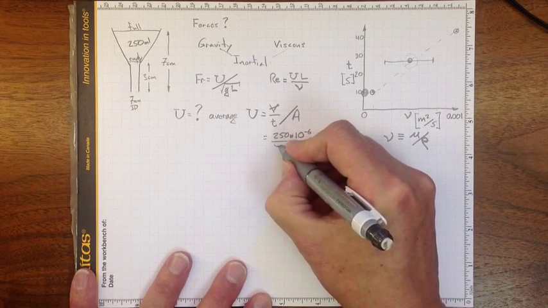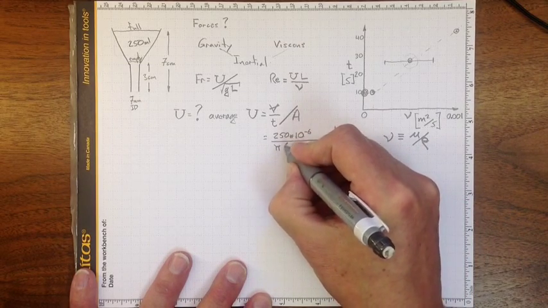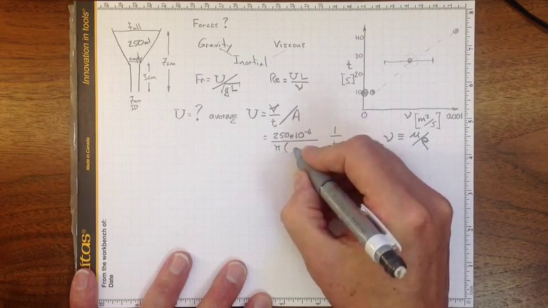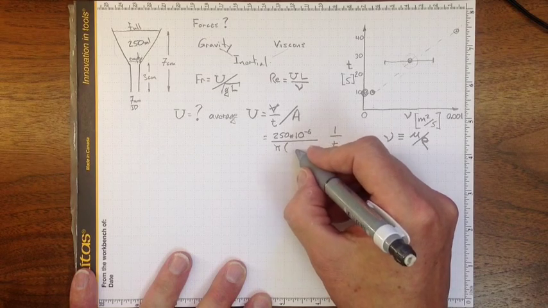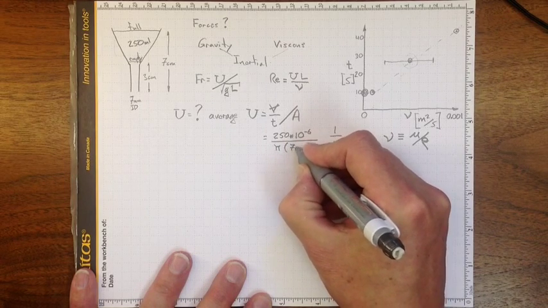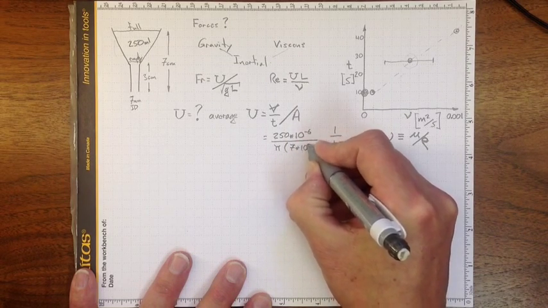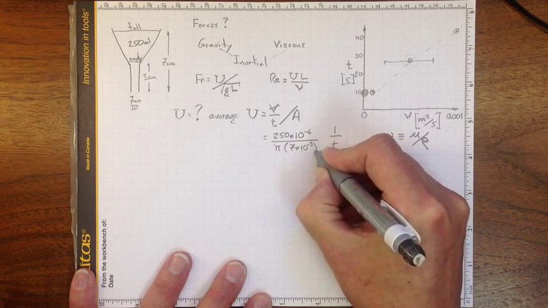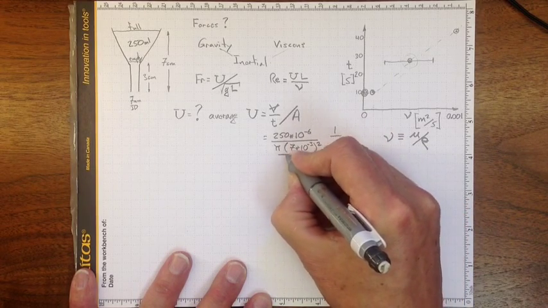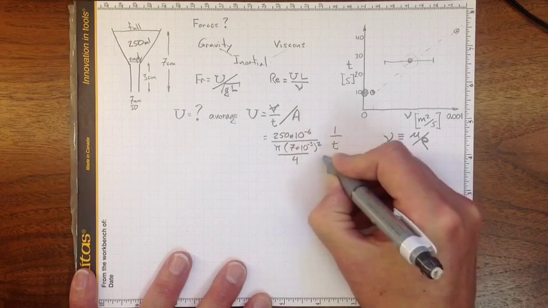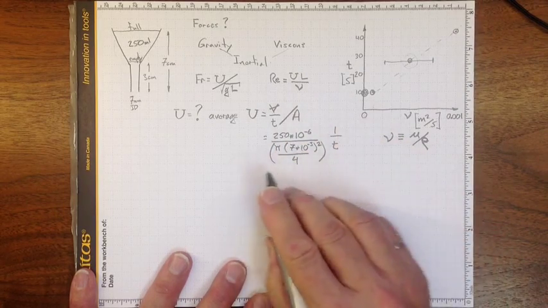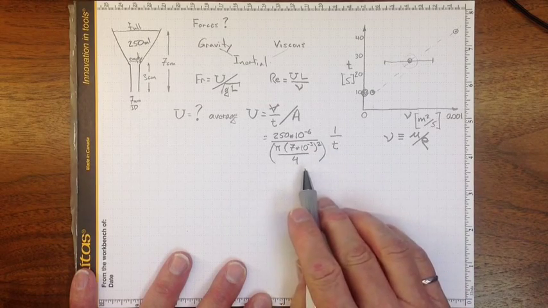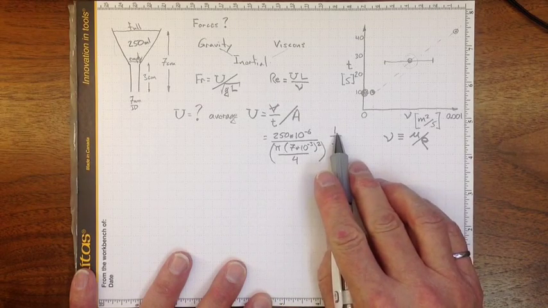Well, that'll be pi times the diameter squared. If it's 7 millimeters inside diameter, that'll be 7 times 10 to the minus 3 meters squared, divided by 4. Right? Pi d squared over 4 is the cross-sectional area of a circle, times 1 over t.